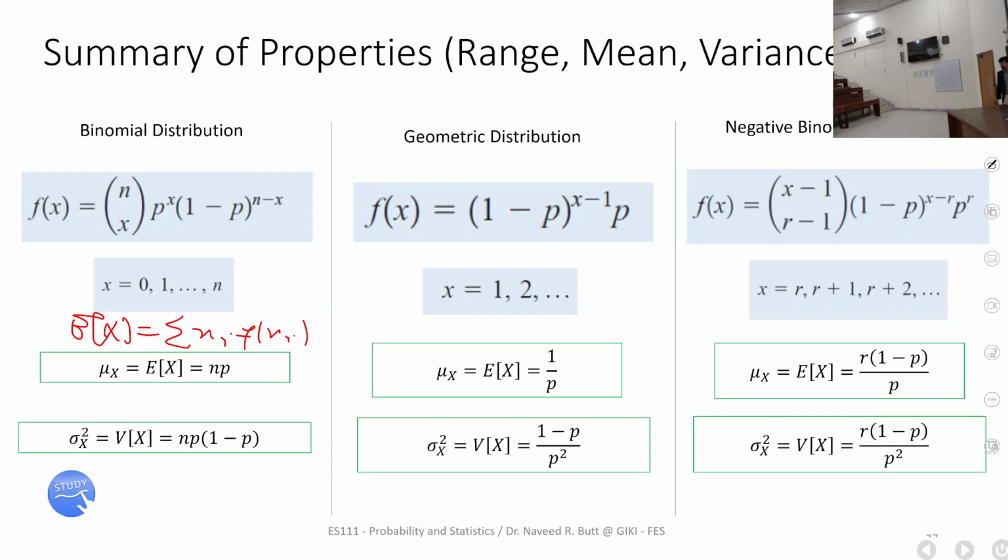Yes, xi are 0, 1, 2, 3 and so on, and if you solve this, you need to do a bit of juggling, but you will come to this. Proof is not really part of this here, but it's good to know that then we extract the key information from each. Mean and variance of a binomial, this one.